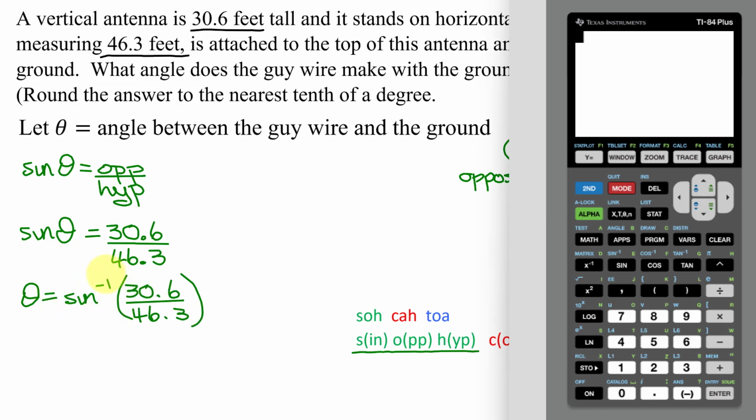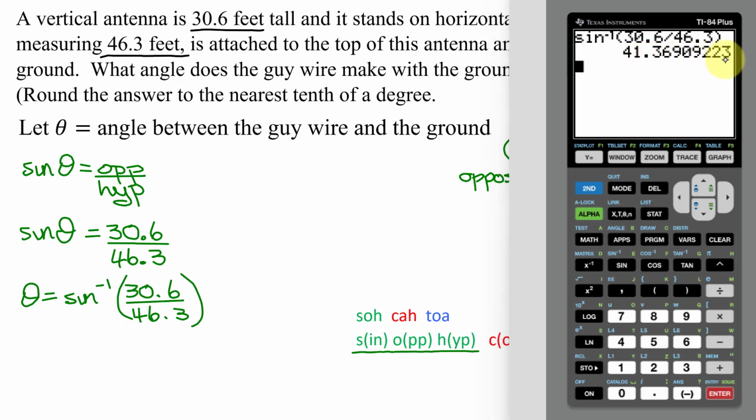The inverse sine function is up here in blue above the sine key, so I hit second sine, which gives me inverse sine of, notice it opens parentheses for me. Now I type in this expression. So I have 30.6 divided by 46.3, close parentheses and hit enter.